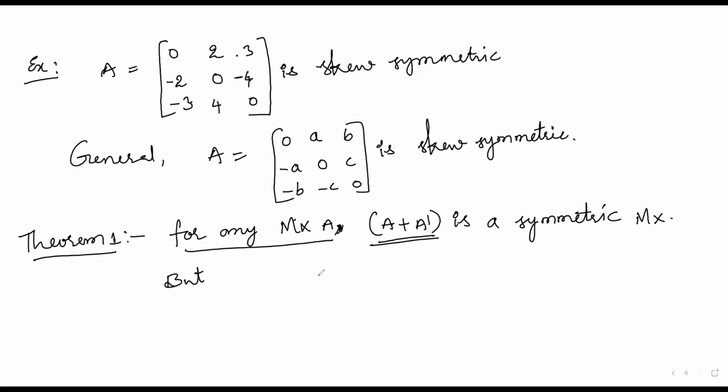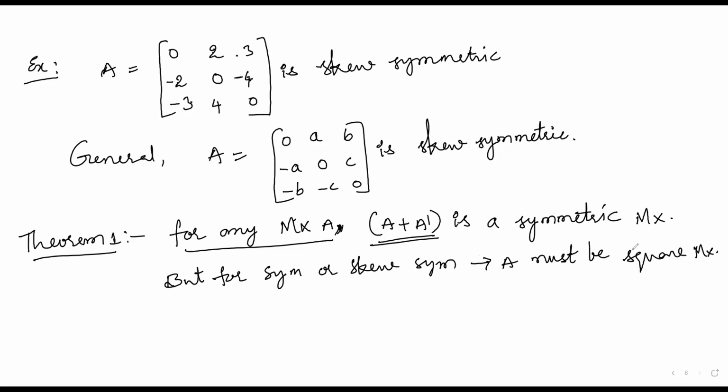So for symmetric or skew symmetric, A must be a square matrix.